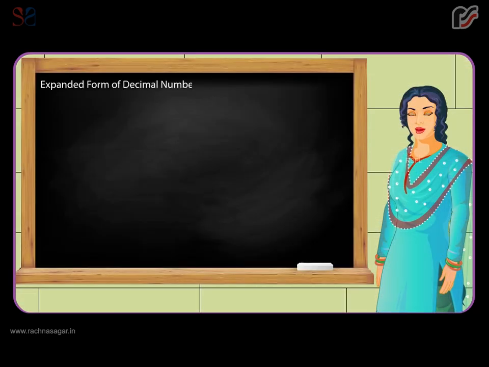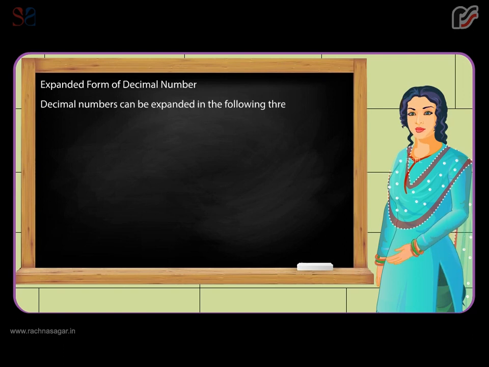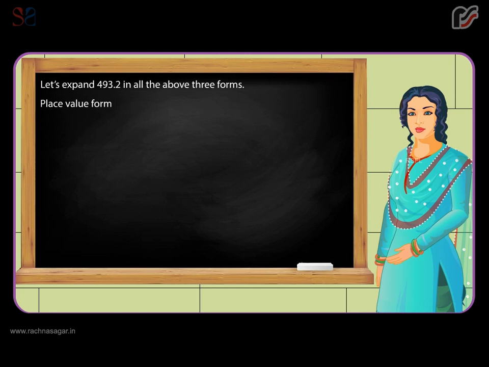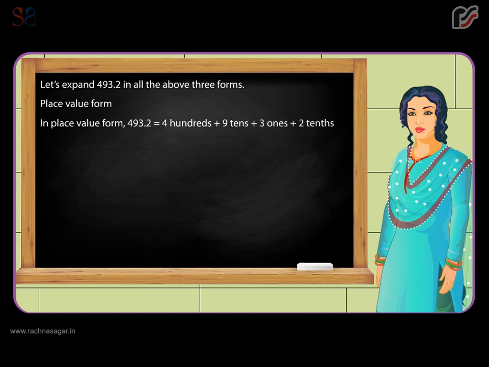Expanded form of a decimal number. Decimal numbers can be expanded in the following 3 forms: place value form, decimal form, fractional form. Let's expand 493.2 in all the above 3 forms. Place value form. In place value form, 493.2 is equal to 4 hundreds plus 9 tens plus 3 ones plus 2 tenths. Decimal form.